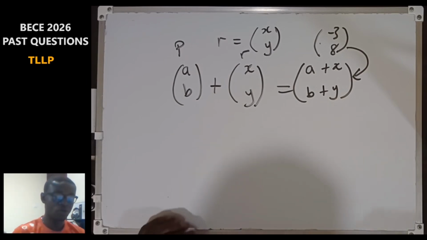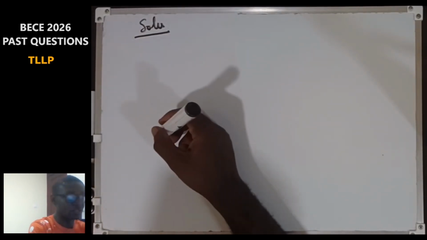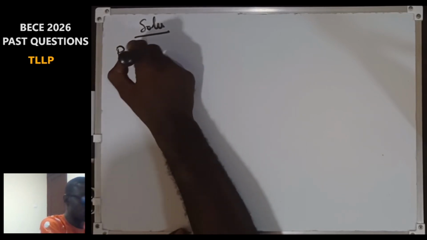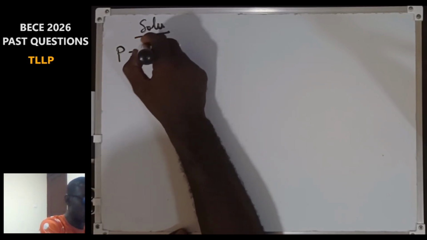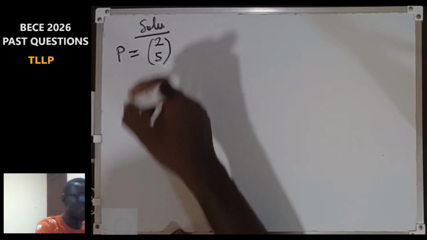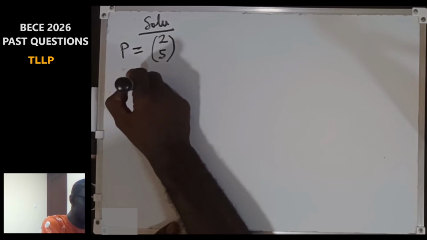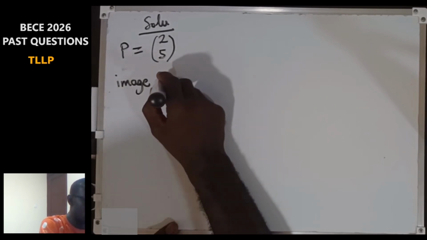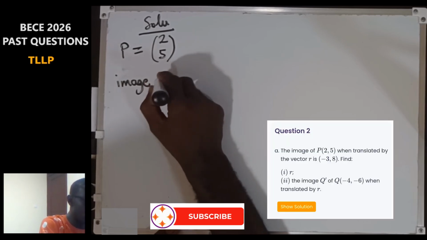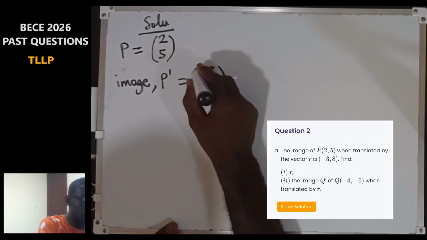Okay, so let's look at how we can go about this particular question. First of all, let's write our data. We know that our point P is 2 on 5, or you can write (2, 5). We don't know r, so we know that our image, let's say P prime, is (-3, 8).